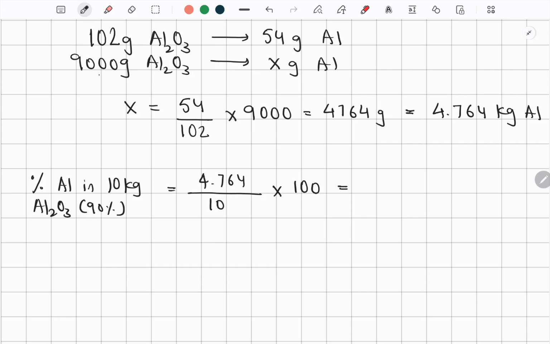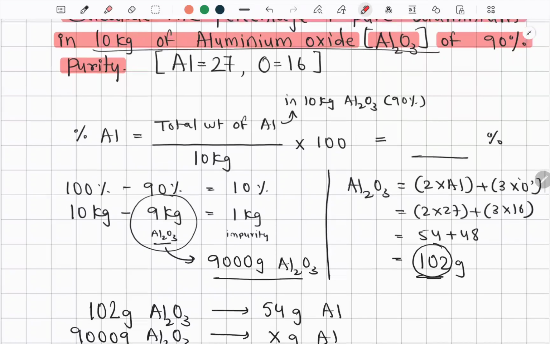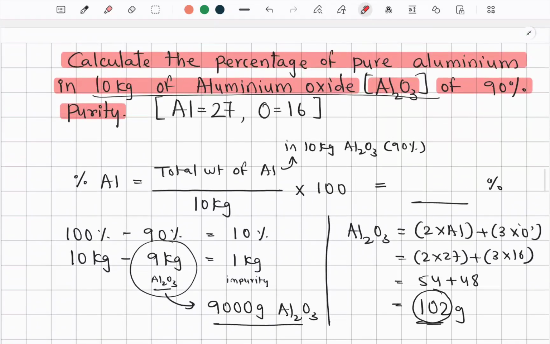When you solve this fraction, you get the answer 47.64 percent. Hence, the percentage of pure aluminium in 10 kg of aluminium oxide with 90% purity is 47.64%.